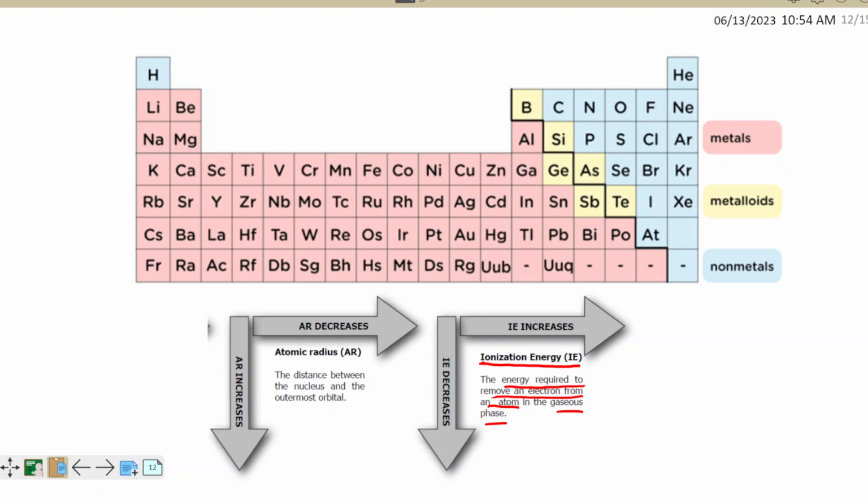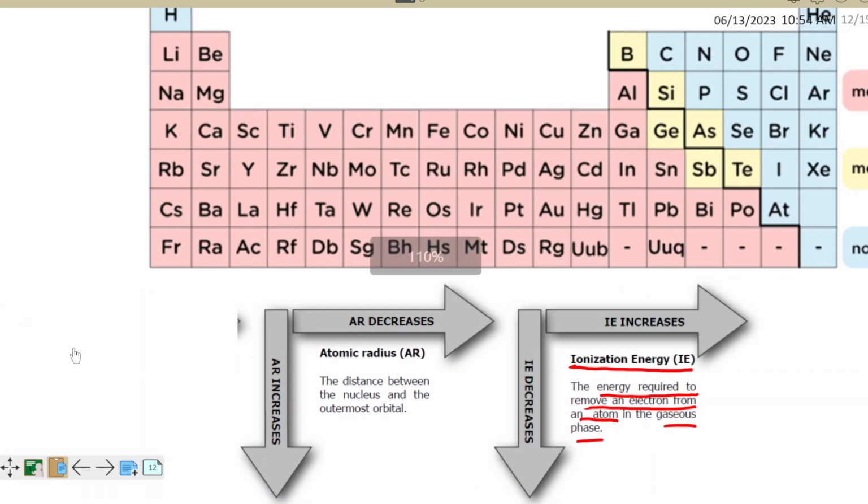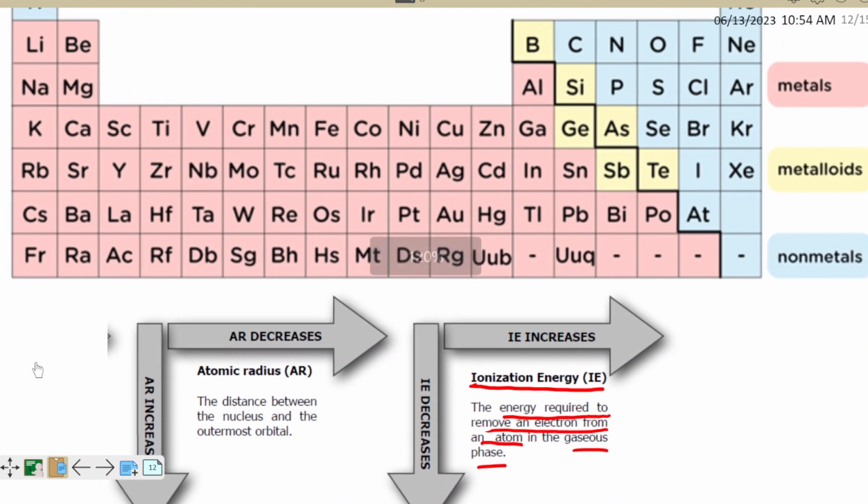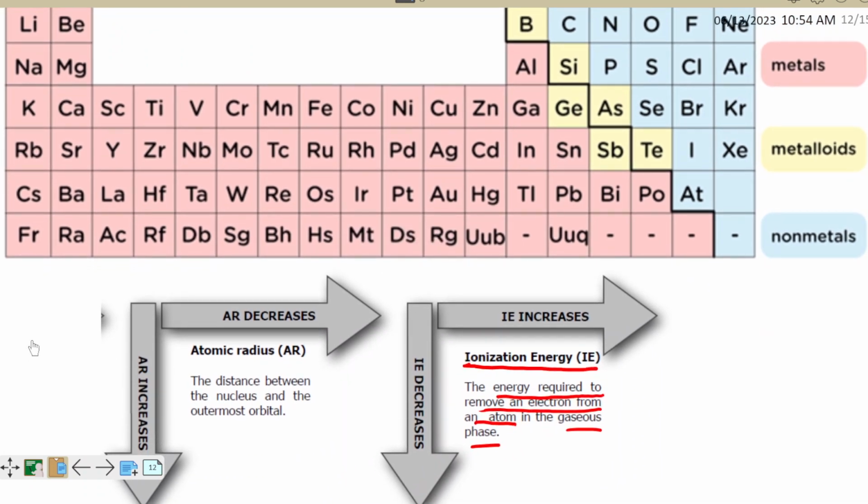Yeah, that is a definition. Let me make it bigger so you can see.